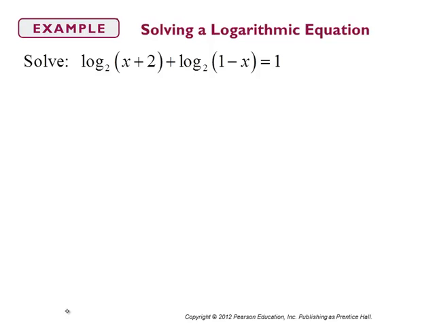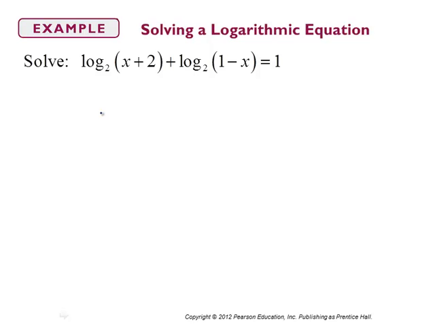Is it possible to combine these logarithms? What do you get when you are adding 2 logarithms of the same base? Can you make use of the fact that the log of the product of 2 numbers is the same as the sum of the logarithms of those 2 numbers?